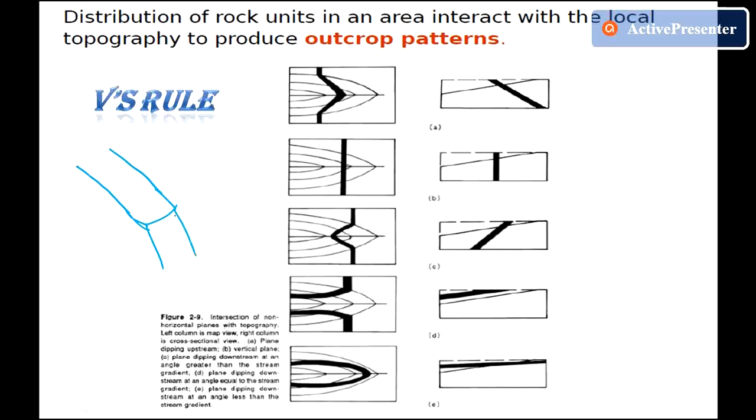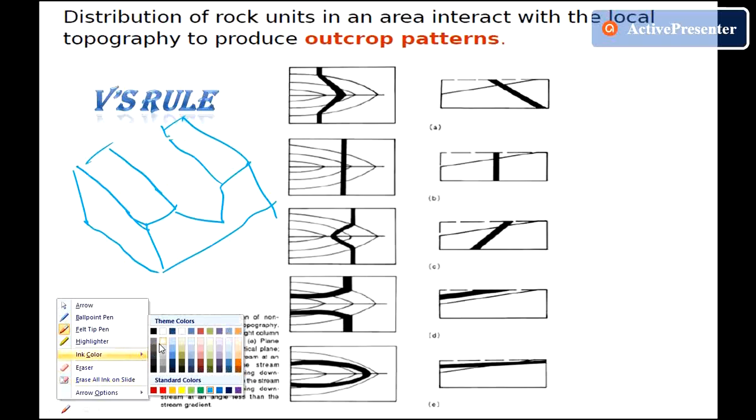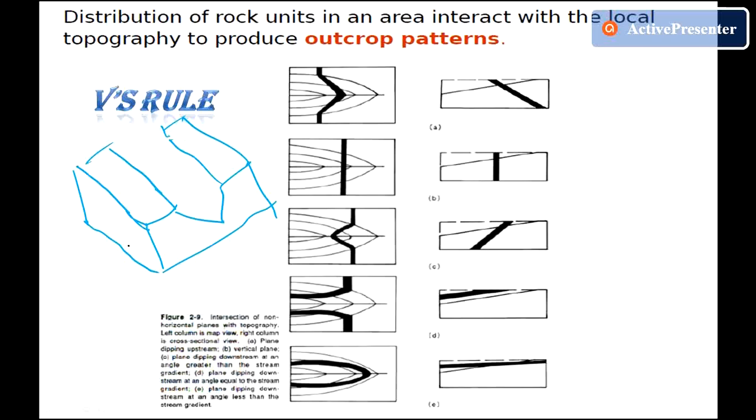This is the block diagram of that valley. And you are getting a bed which is having the same inclination as your valley, as your ground surface, right? This is the bed which is having the same elevation as the ground surface.